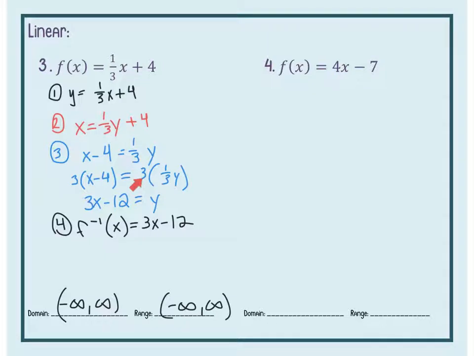Well, I multiply it by 3. And if I multiply it by 3 on one side, I multiply it by 3 on the other. Then I distribute into the parentheses. I get 3x minus 12. And these right here multiplied to 1, so there's an imaginary 1 there. So that is my final answer, but we rewrote it in function notation. So go ahead now, pause the video again, and I want you to give number 4 a try.